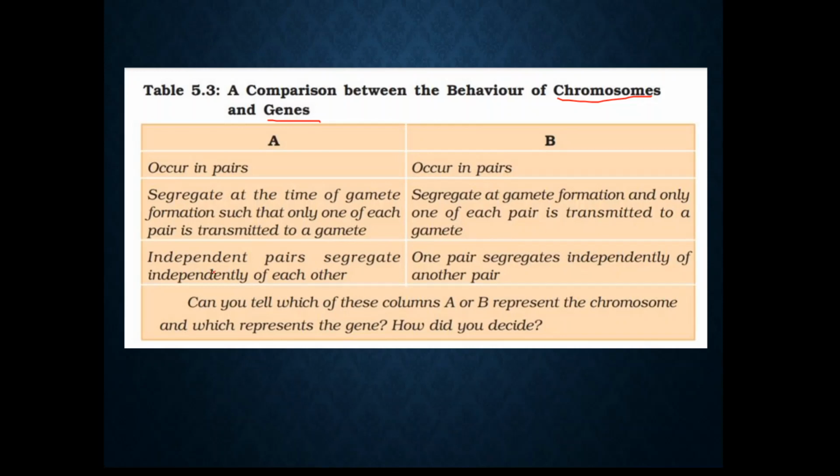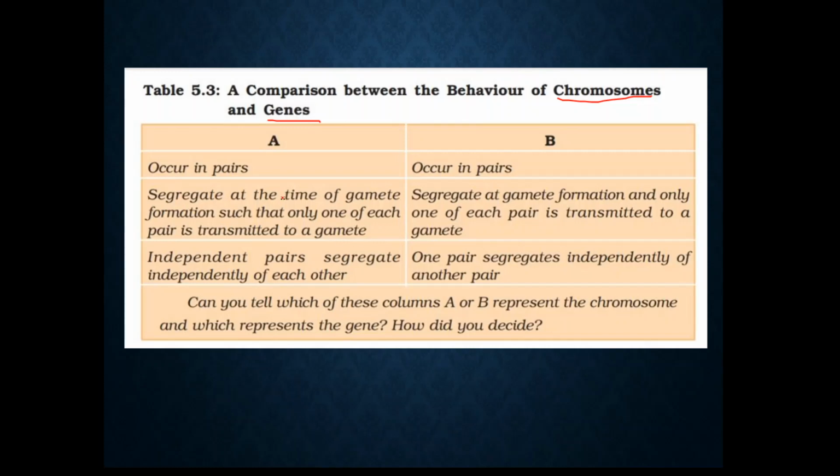So they both are similar, and independent pairs segregate independently of each other, and one pair segregates independently of another pair. So here A and B are so alike that they almost behave the same. A can be chromosomes, A can be genes, B can be chromosomes. So here we have to say that A is chromosome, B is genes.